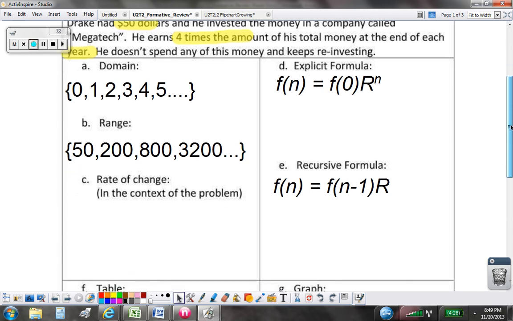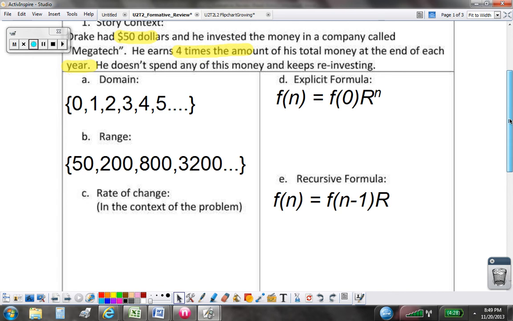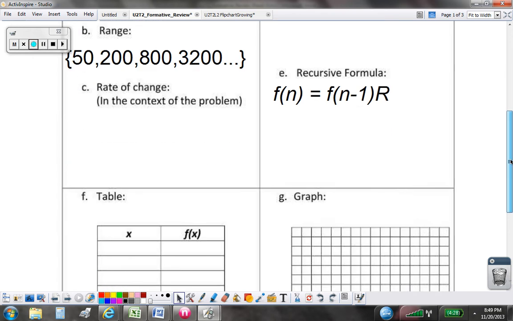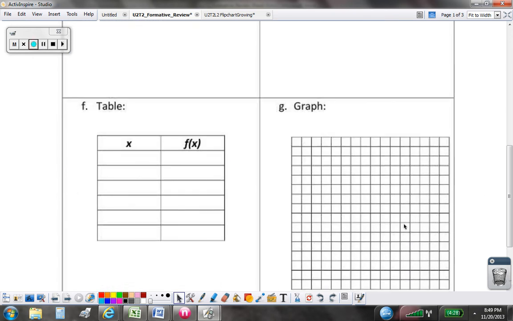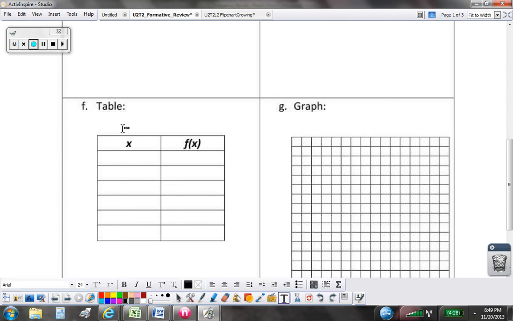Alright, I'm going to come back to the rate of change in a minute. I'm going to go ahead and see if I can actually figure out this table here. Okay. So I have years. It's a little bit bigger than I want, so I'm going to reduce that in font.